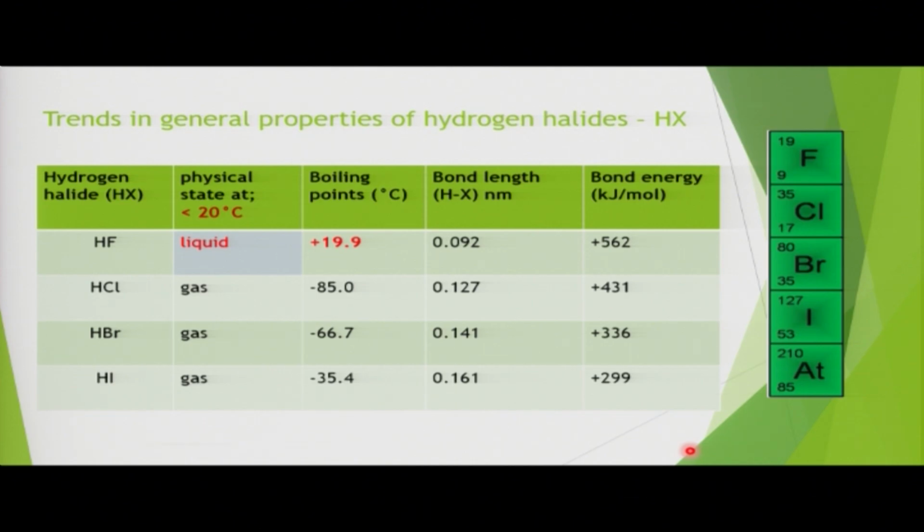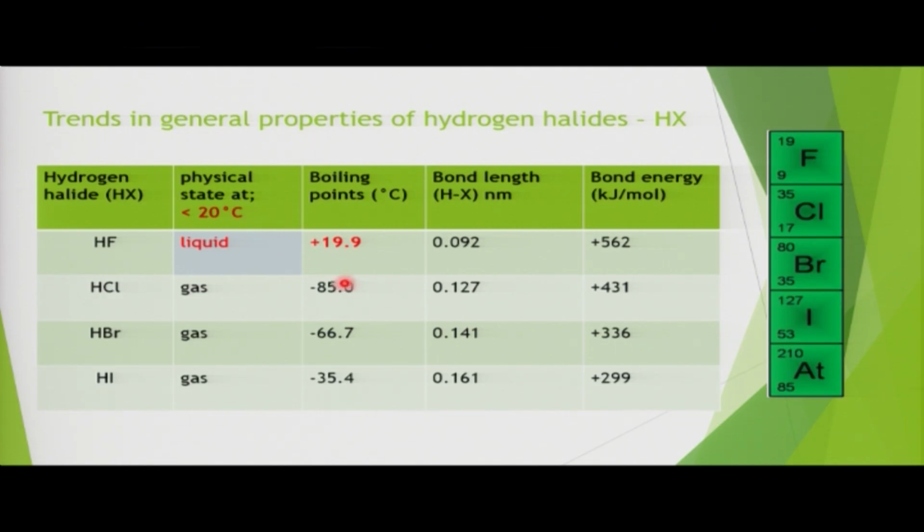Take a close look. Look at the highlighted, at the red ink. We have the hydrogen halides, that is HF, HCl, HBr, and HI. We have their physical states at temperature below 20 degrees. There is a reason for that.